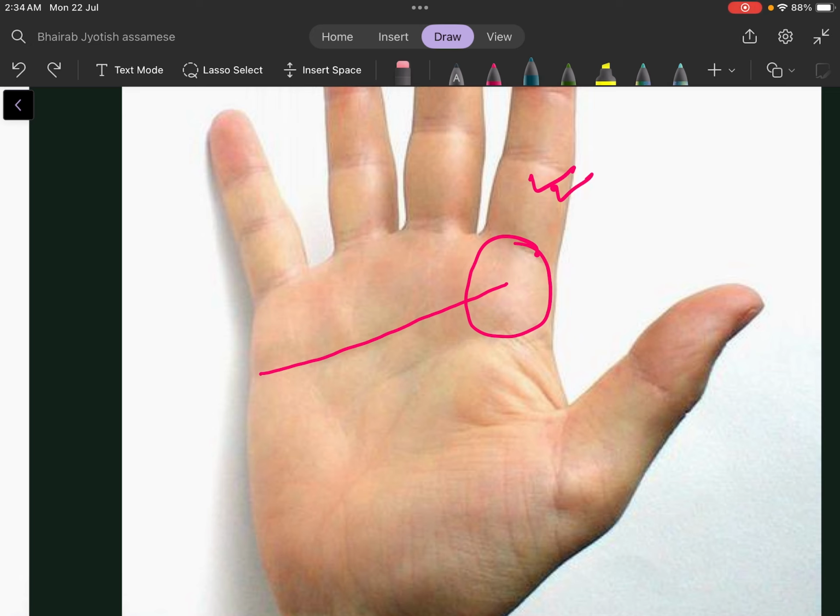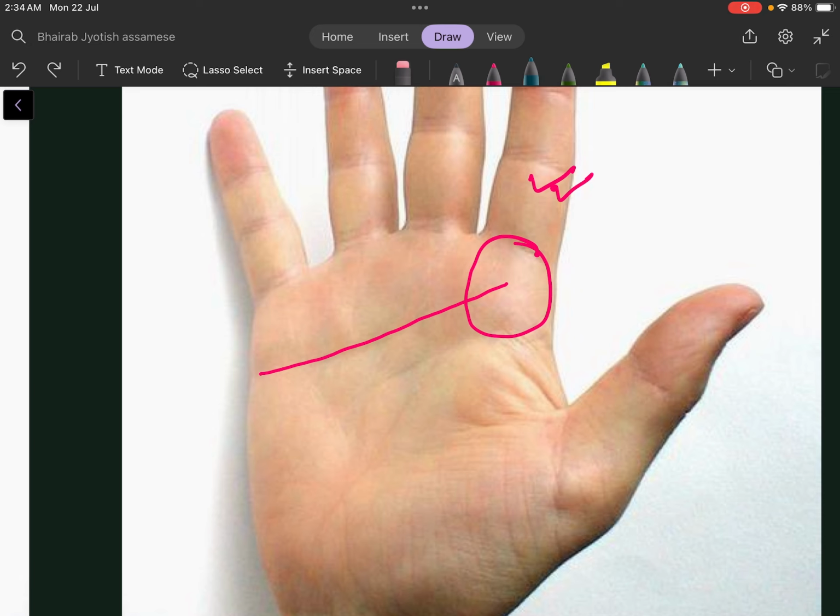If this heart line is long and straight, what will be the meaning? This person is a rational thinker. What do we understand by rational thinker? This person can think with reason. Suppose you are doing some work and you need to do some brainstorming, then this person has the ability to think on any topic and can analyze the situation.